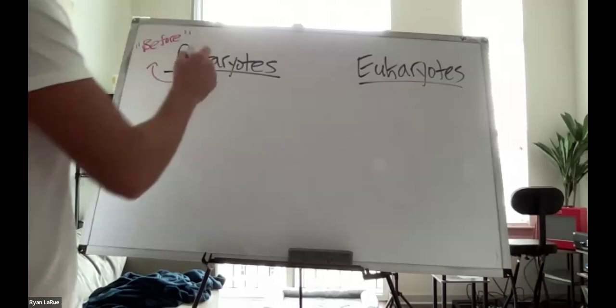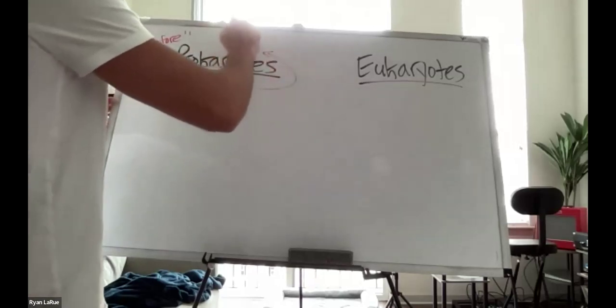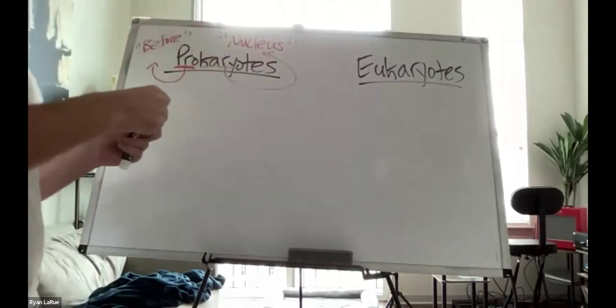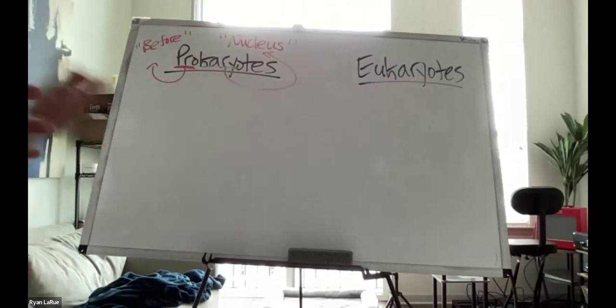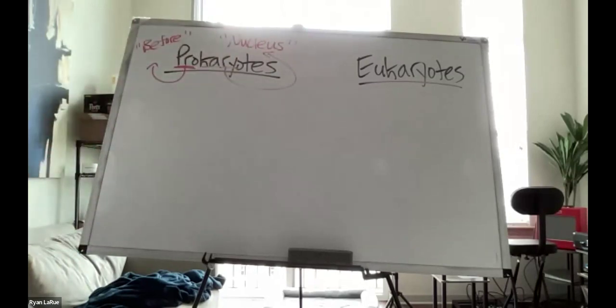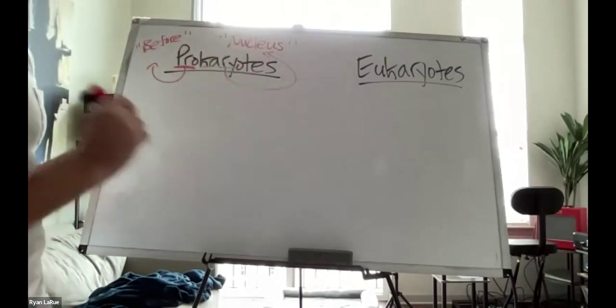And karyo actually refers to nucleus. And so that'll make a lot more sense when we look at endosymbiotic theory and the fact that prokaryotic cells and organisms actually existed on Earth before eukaryotes, some 3.8 billion years ago. But the point being is they don't have a nucleus, right?